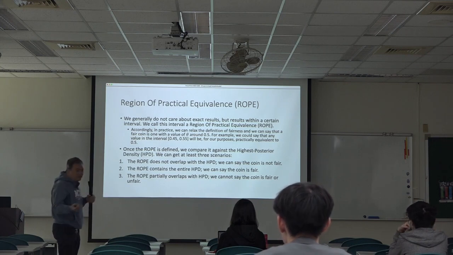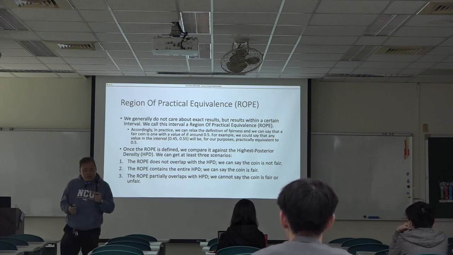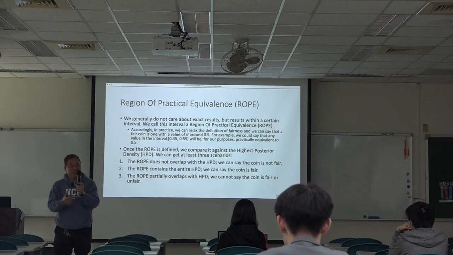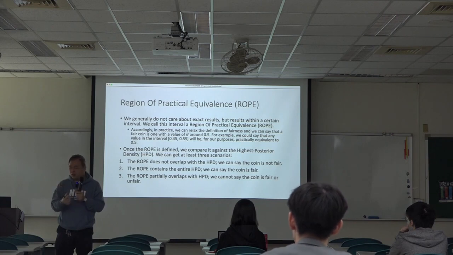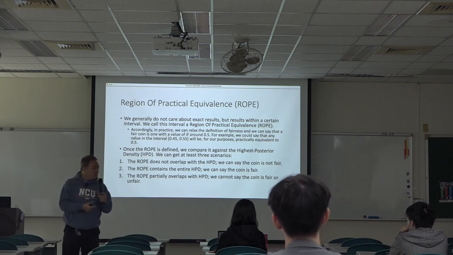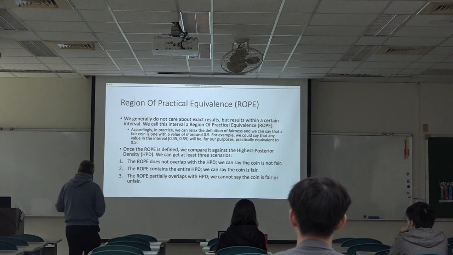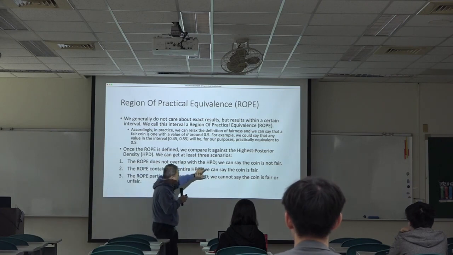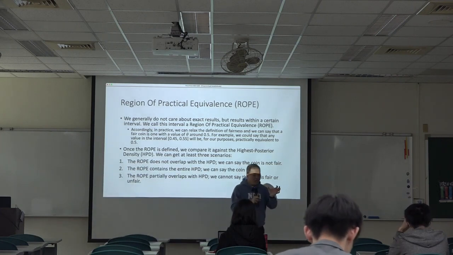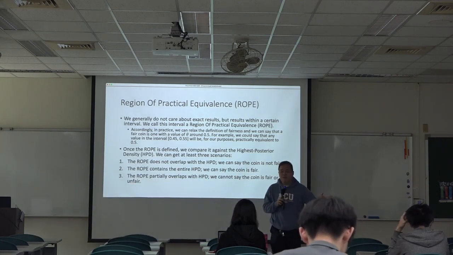Because you are comparing an interval with another interval, there are 3 possible cases. It's no longer just 2 cases, because it's no longer a point consideration. The first case is the ROPE does not overlap with the HPD, or it's completely outside of the HPD.